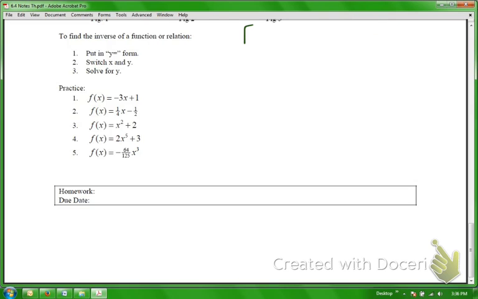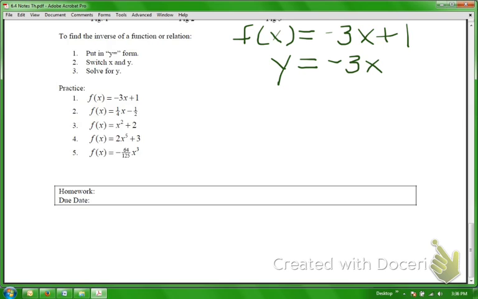So we have f of x equals negative 3x plus 1. I want to find f inverse of x. To do that, the first thing I do is put it in y equals form. So it's y equals negative 3x plus 1. My next step says switch x's and y's. So wherever I have a y, I'm going to put an x. Wherever I have an x, I put a y.